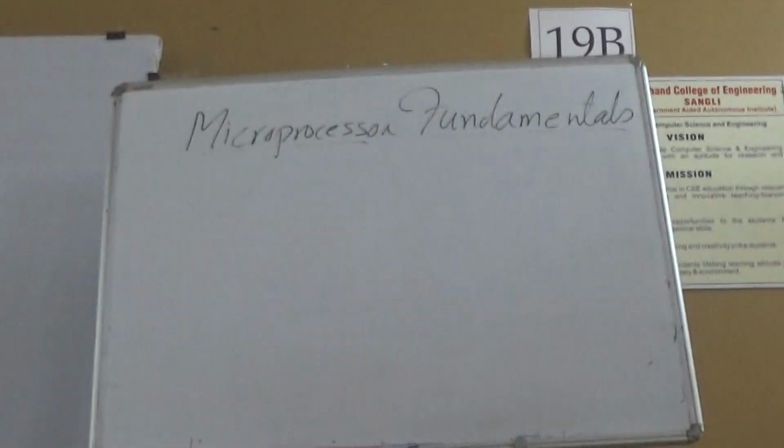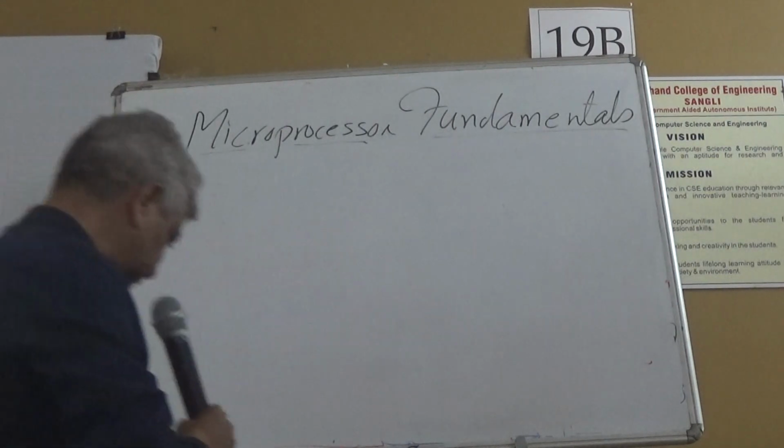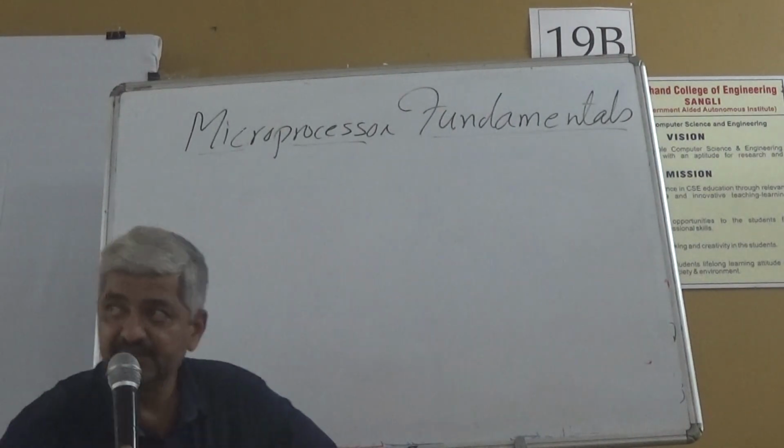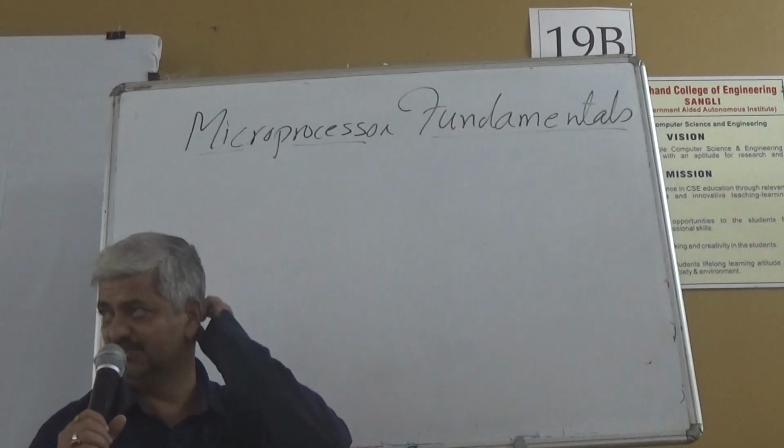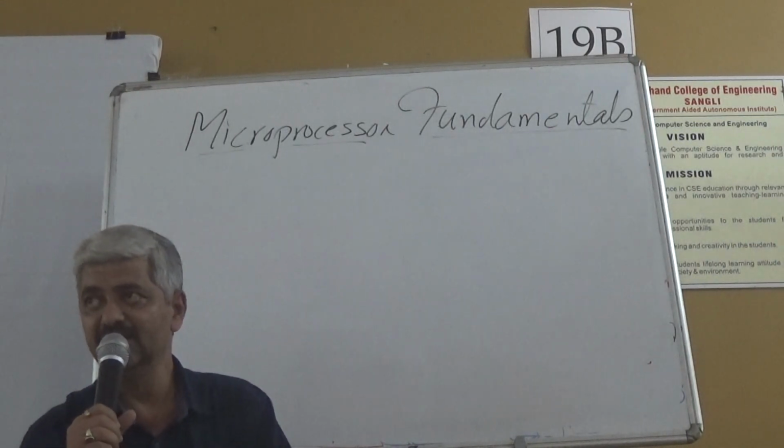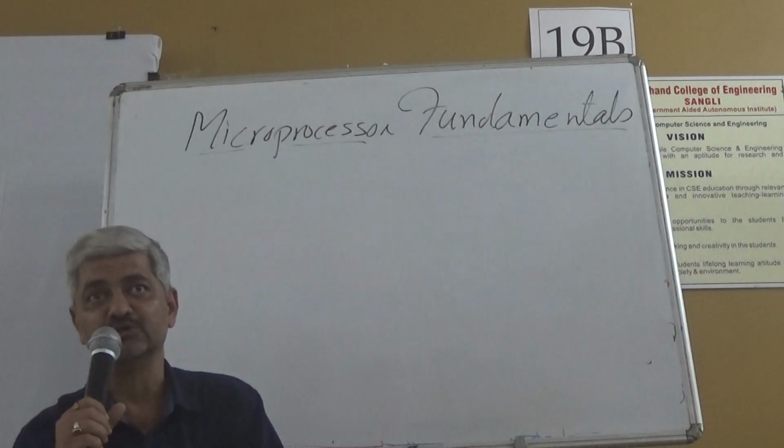As stated yesterday itself, the approach with which the students of computer science and engineering deal with microprocessor or computer in general has to be essentially different than other non-CS students and non-engineering students as well. Means computer science engineering students should very clearly know how computer is operating.